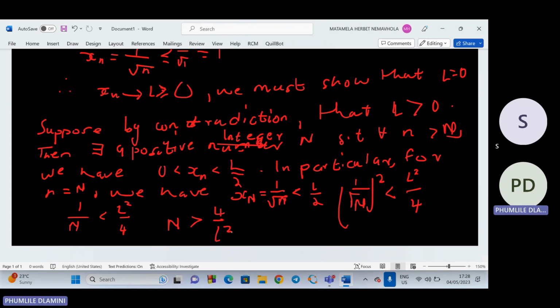So when I get 4 over L squared, this contradicts our theorem. It will contradict our theorem.